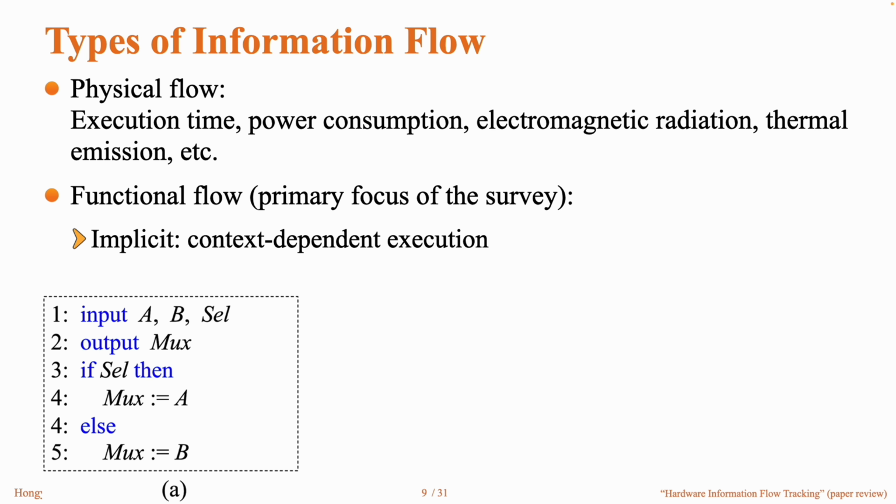For example, we have the implicit flow or context-dependent flow, where we look at the HDL code to determine whether the information from the select signal is propagated to the output or not. We need the context to determine.